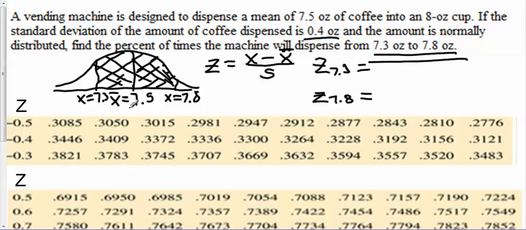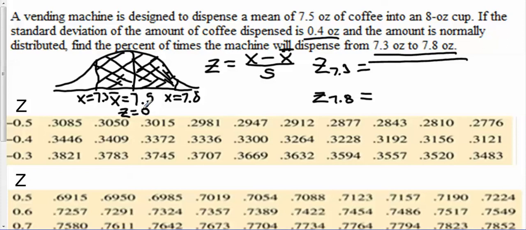So this mean of 7.5 has a z-score of 0, which is not critically important in this problem. But values that are less than the mean, such as 7.3, would have negative z-scores, and values that are above the mean or greater than the mean would have z-scores that are positive.